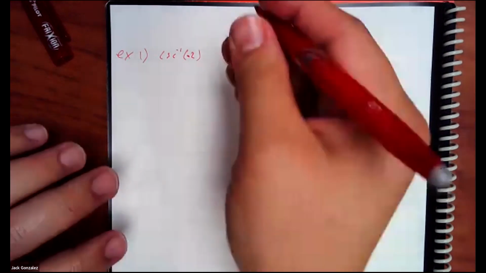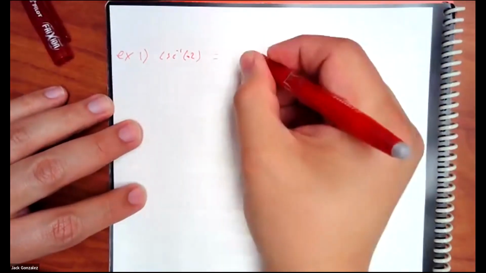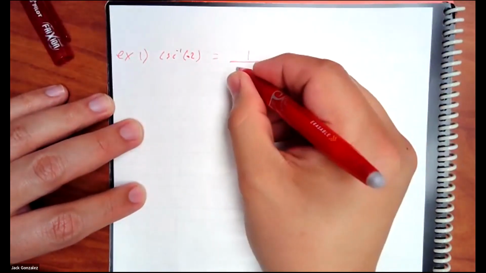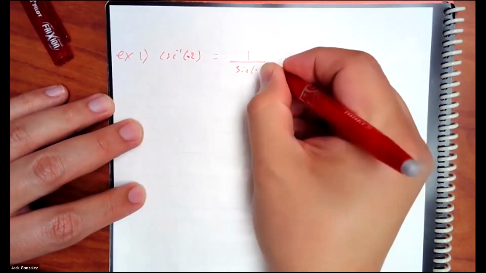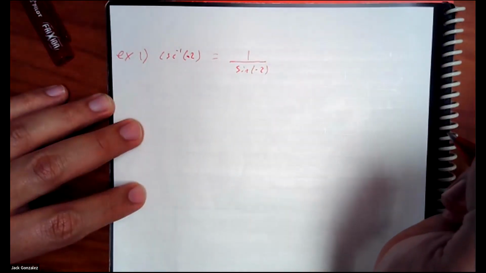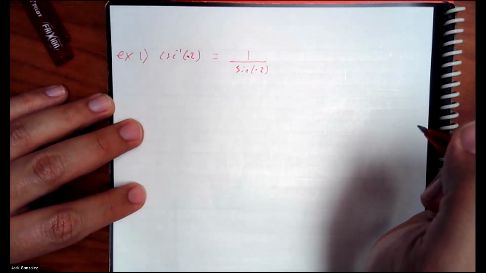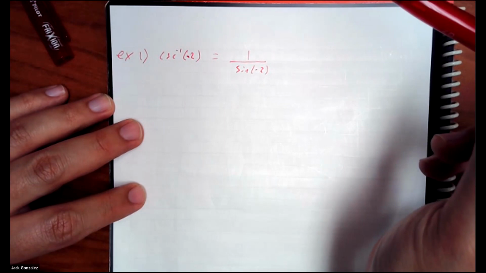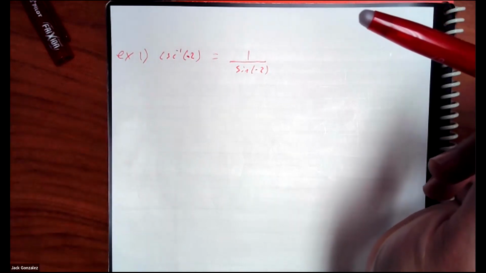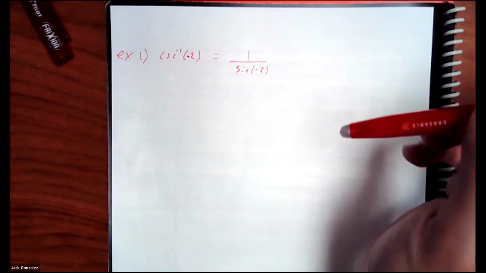Cosecant is technically 1 over sine, right? It's a good way to do this one.